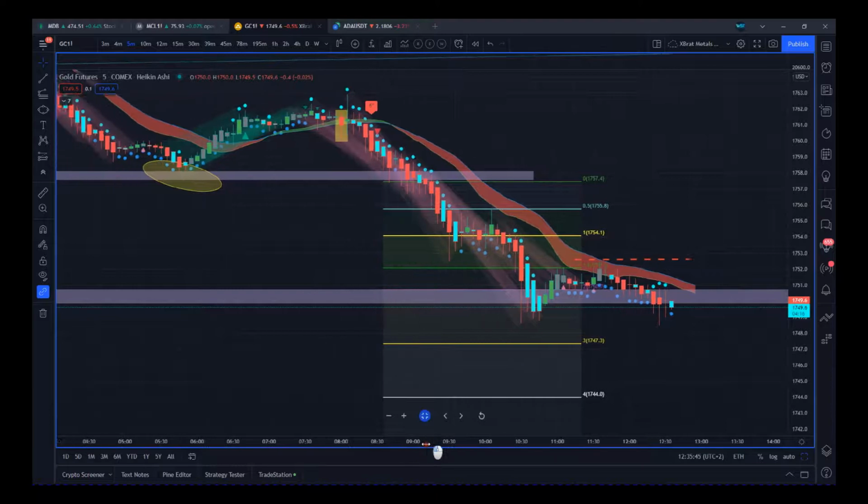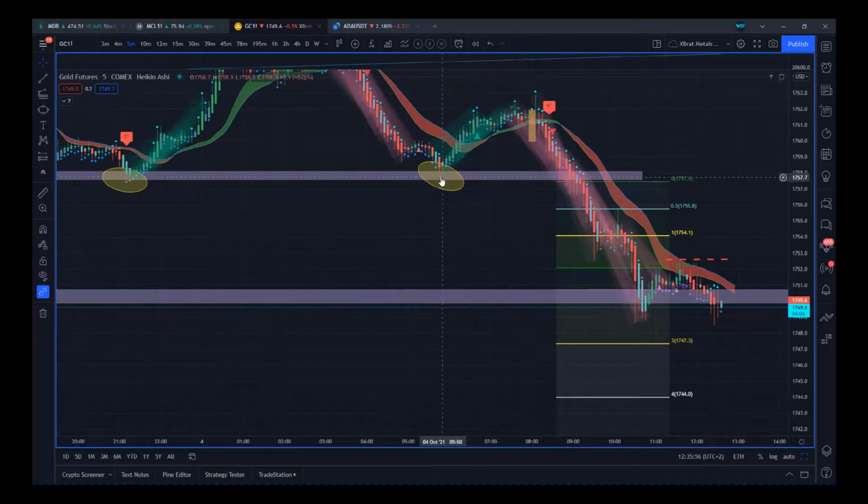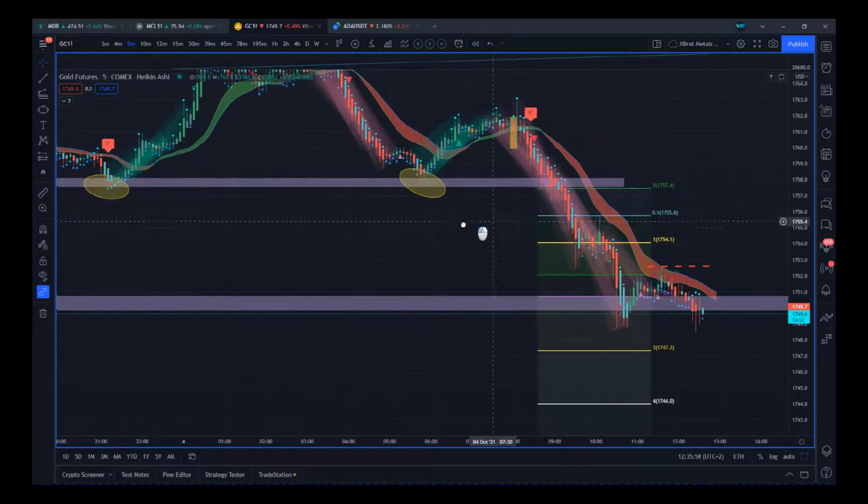Very, very simple setup. Probably a similar video to one I've made before, but it's about simple and repeatable. Understanding those lows from Friday, but also these Asian lows forming that support and resistance zone.